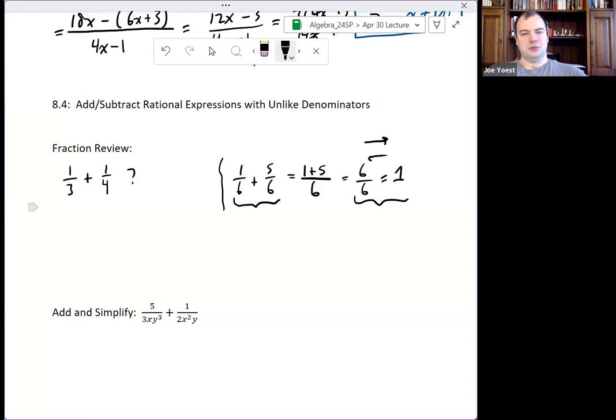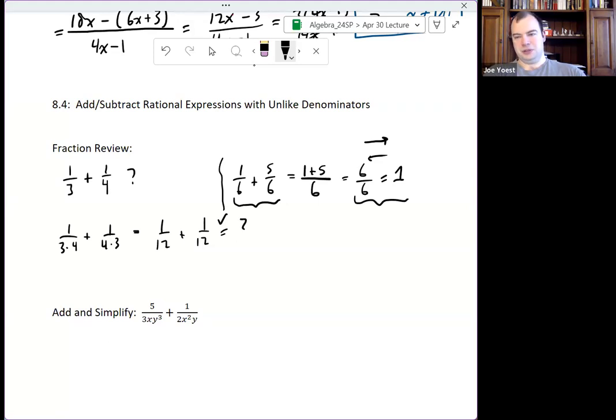So 1/3 plus 1/4, these don't have like denominators right now. But I might say, if I could multiply 3 by 4 and 4 by 3, that would give me 1/12 plus 1/12. And here I know how to do this.